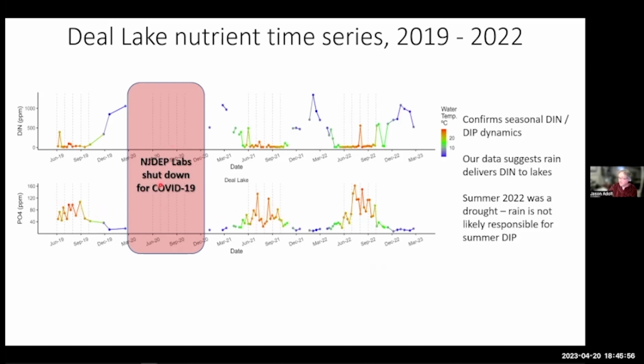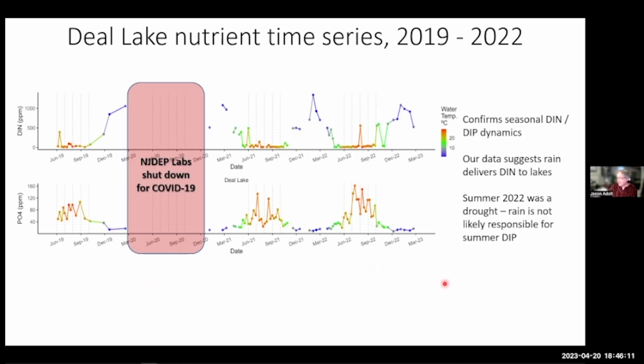DEP labs were shut down for COVID during this period. And during the winter, we accumulate very high levels of inorganic nitrogen, but phosphate is low. So there's this seasonal flip-flop of nutrients entering the lake.